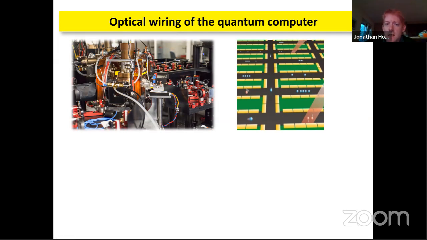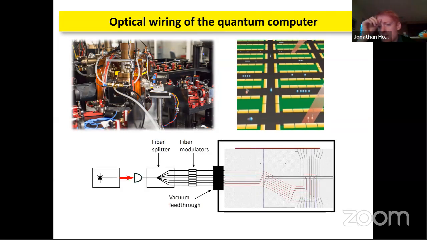So what I want to tell you about today is recent work that we've been doing with a setup that looks more like this, where light comes from a laser. It goes through a fiber splitter. There are some fiber AOM modulators. And then this light directly comes onto the ion trap chip, and it's then delivered to the ions in the ion trap chip. And here I write it as if these little wires just go straight onto the chip.